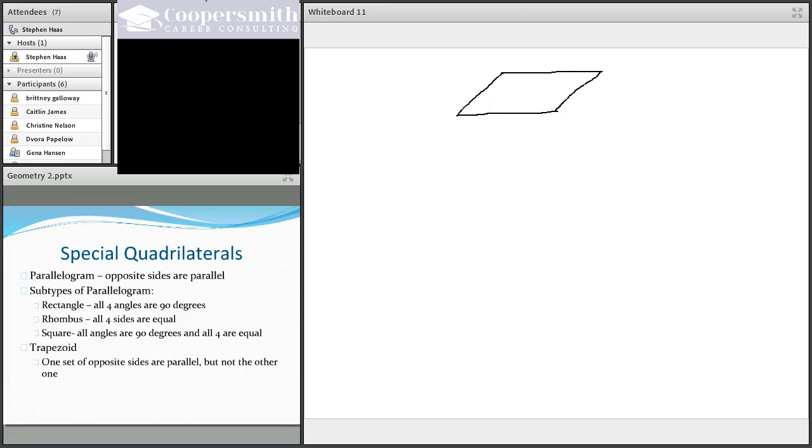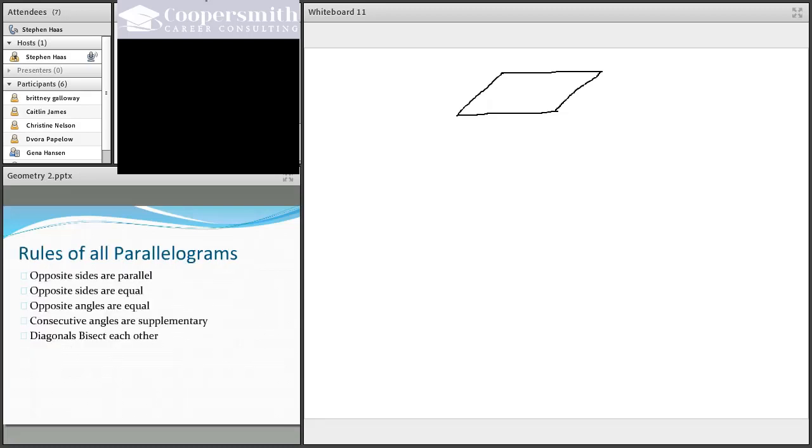A parallelogram has really 5 rules. In fact, I'm going to go to the next slide, which tells you the rules of the parallelogram. Every parallelogram has these rules. Number 1, opposite sides are parallel. Let's say this corner is called A, this point is B, this point is C, this point is D. First of all, opposite sides are parallel, so AB is parallel to CD.